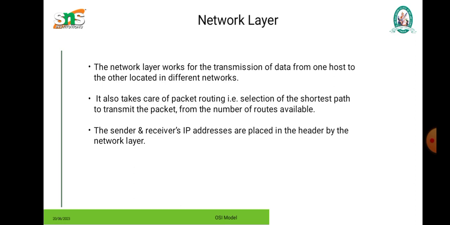It is responsible for routing and forwarding the packets, and also takes care of packet routing, that is selection of the shortest path to transmit the packet from the number of routers available, and the sender and receiver's IP addresses are placed in the header by the network layer.